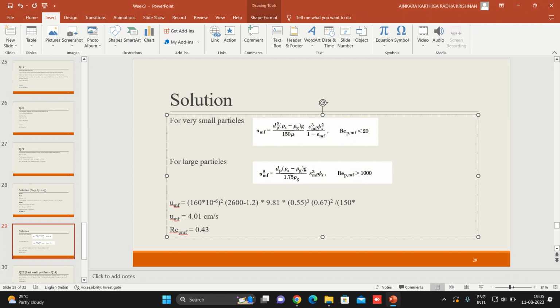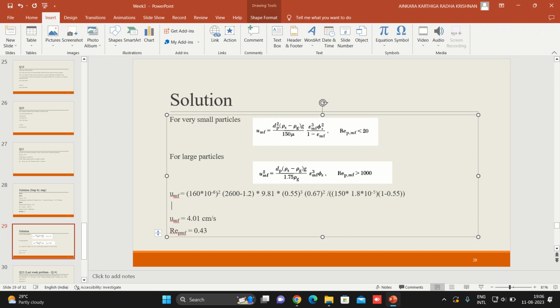So it is 150 into 1.8 into 10 power minus 5, into 1 minus epsilon mf. Just do the calculation and let me know what answer you are getting.